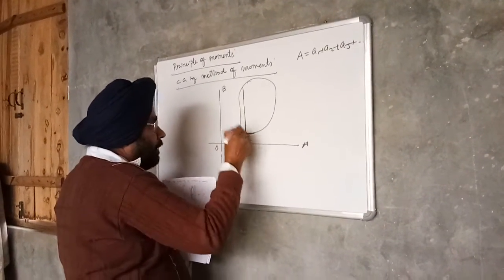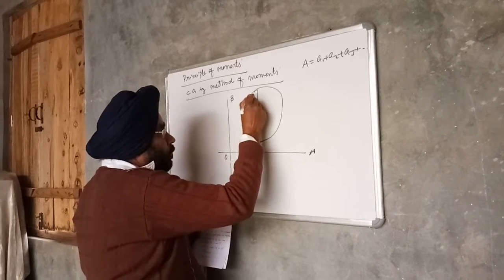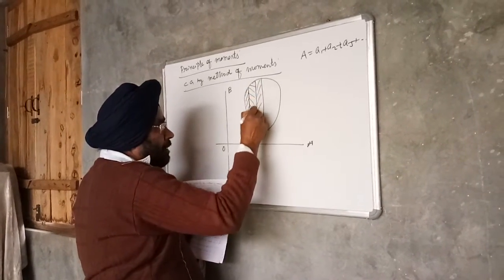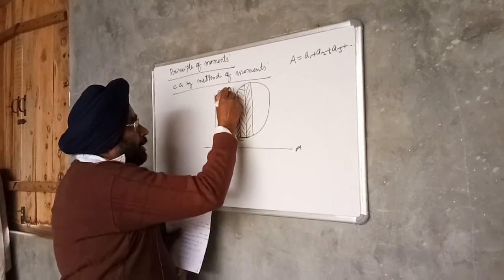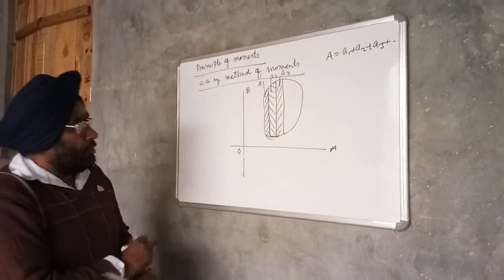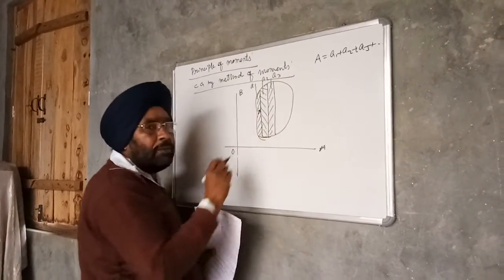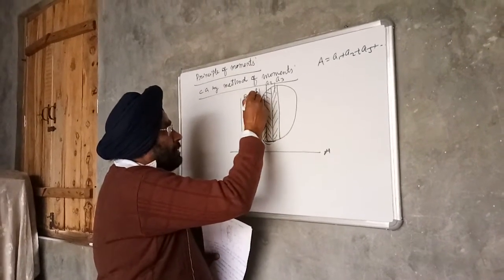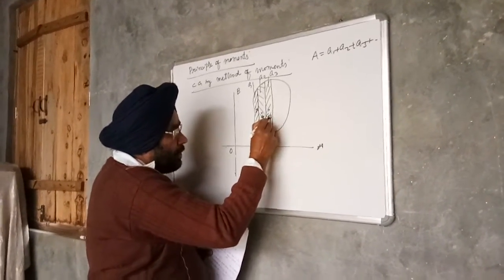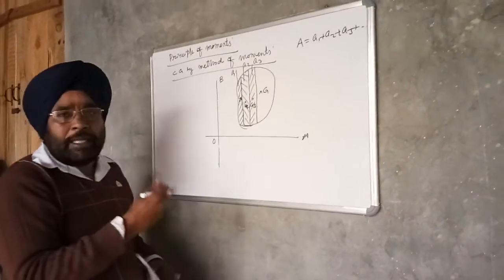This is area A1, this is area A2, and this is area A3. G1 is the CG of the area A1, G2 is the center of gravity of the area A2, G3 is the center of gravity of the area A3, and G is the center of gravity of the total area A.